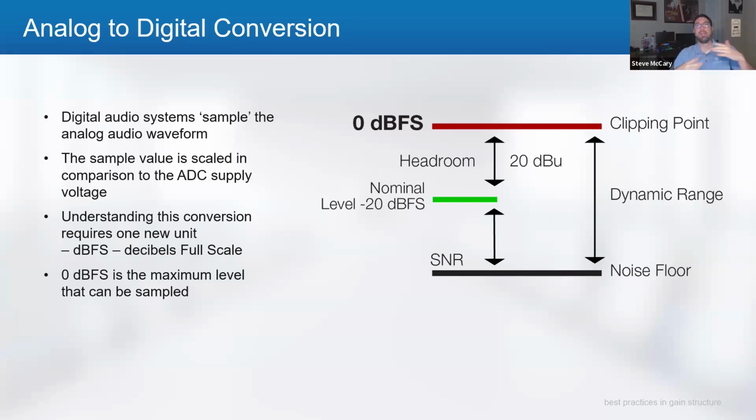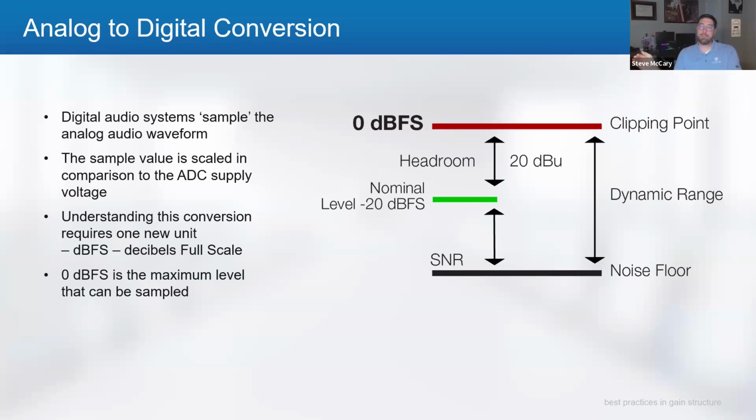Where we were in dBu, we noticed that plus 24 was our clipping point. Well, when we get into dBFS, then 0 dBFS becomes our clipping point, and then we work relative to that. So earlier we talked about having a +4 nominal level and a +24 clip.